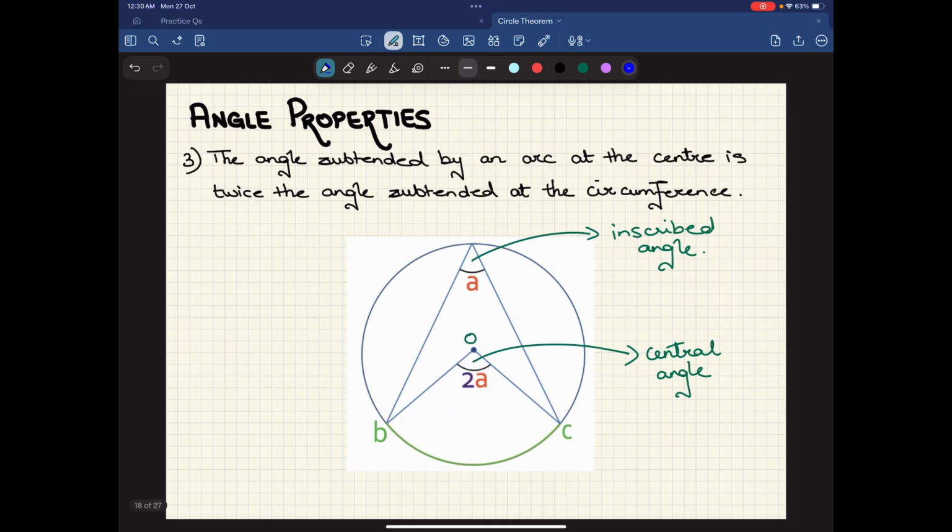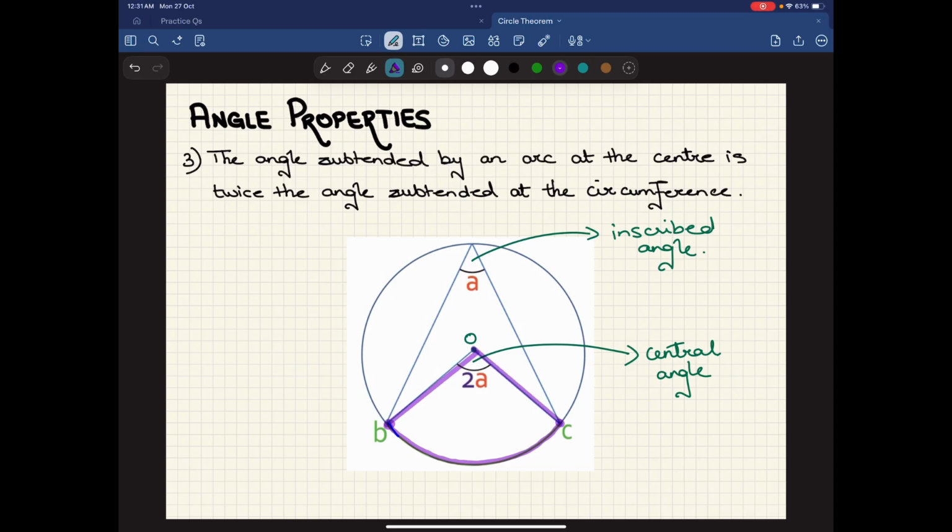Okay, so the angle subtended by an arc at the center. Let's look at arc BC. So the angle subtended by an arc, BC in this case, at the center. These are the ends of the arc and they're subtending an angle of 2A at the center.